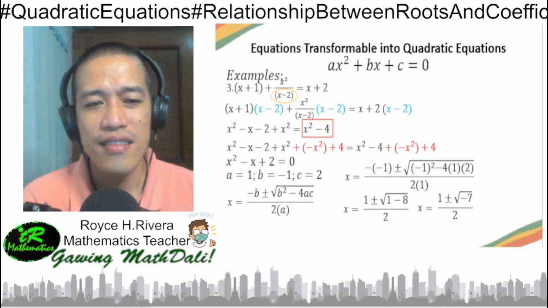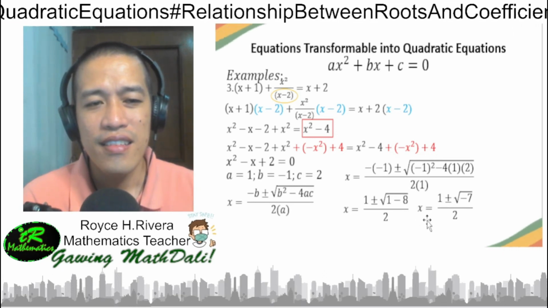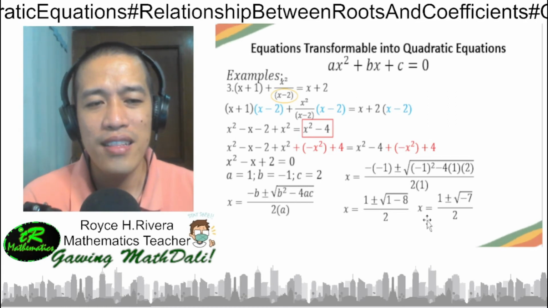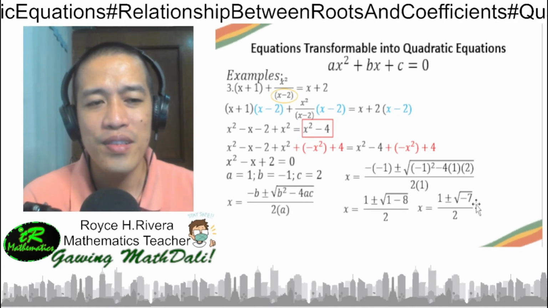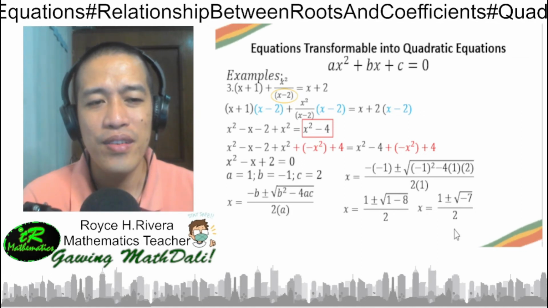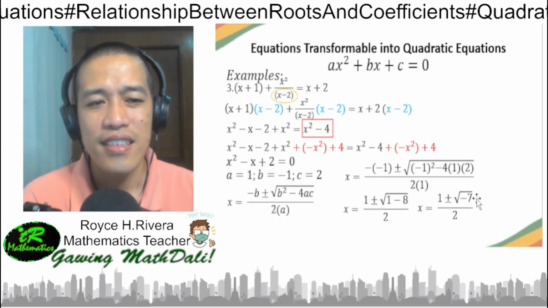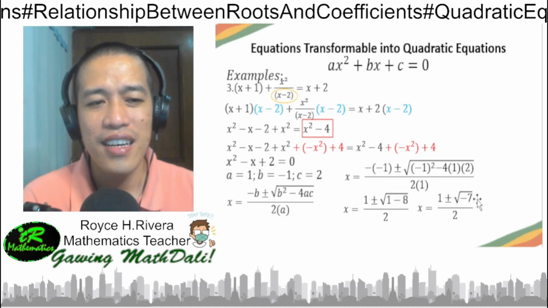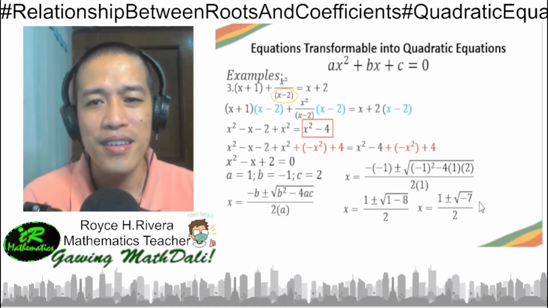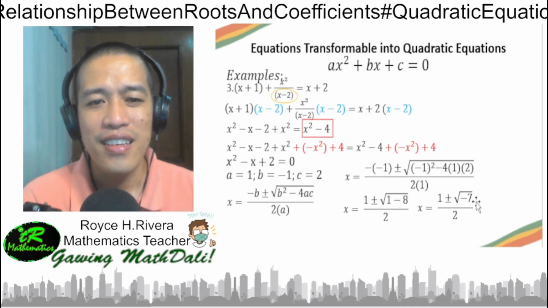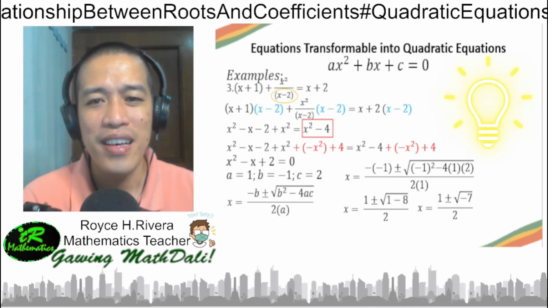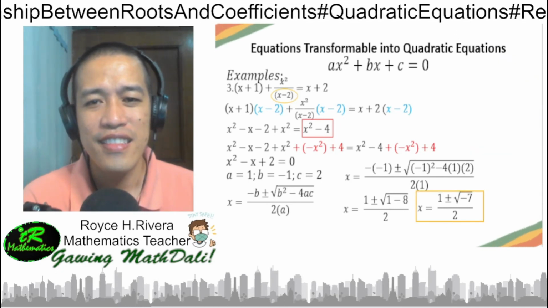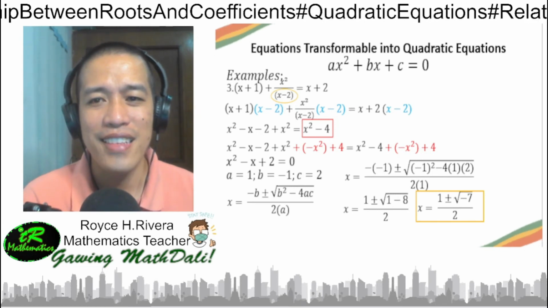And the resulting equation will be x is equal to 1 plus minus the square root of negative 7 all over 2. Since the discriminant is a negative number, therefore the equation has no real roots. So this is my final answer.